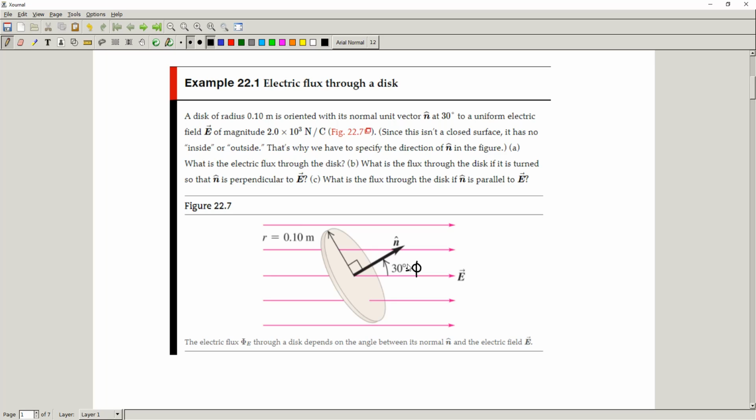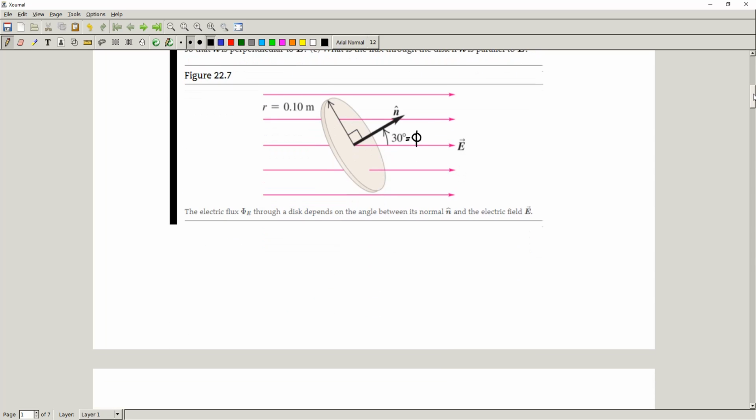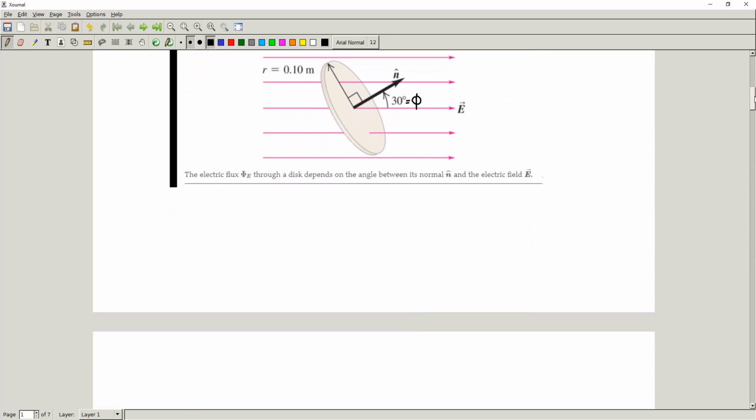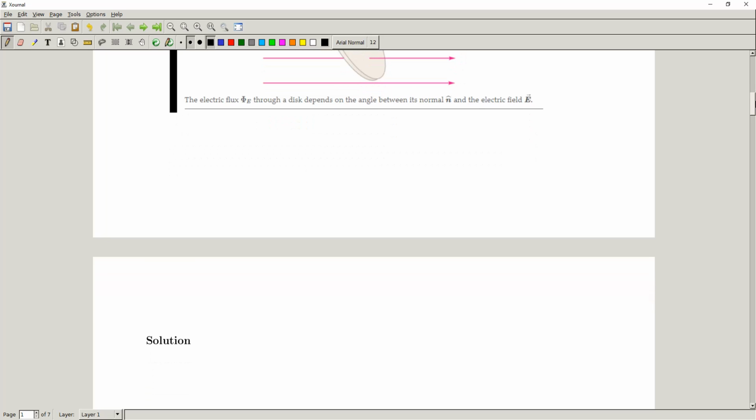So in part A, we want to calculate the electric flux through the disk in its present configuration, and then we want to see what the flux through the disk is if it's perpendicular to E, and so forth. So I'm just going to do this in one shot here. We're just going to calculate it for any angle phi, and then we could just substitute in whatever angle we want for phi and get our answer, right?